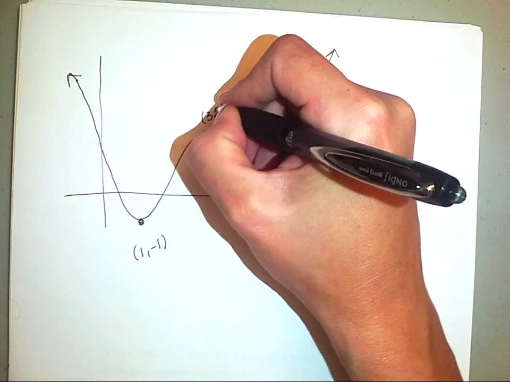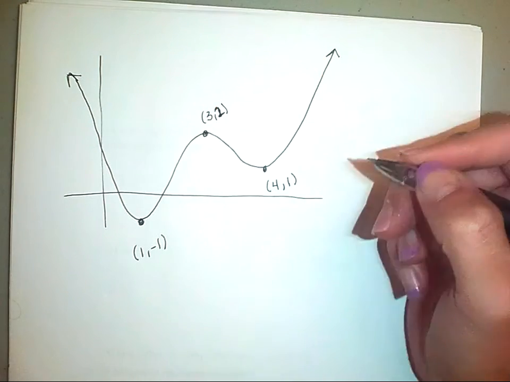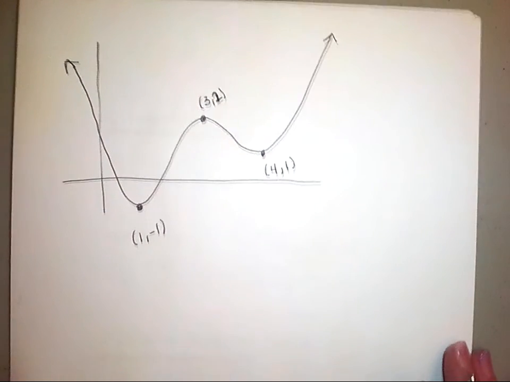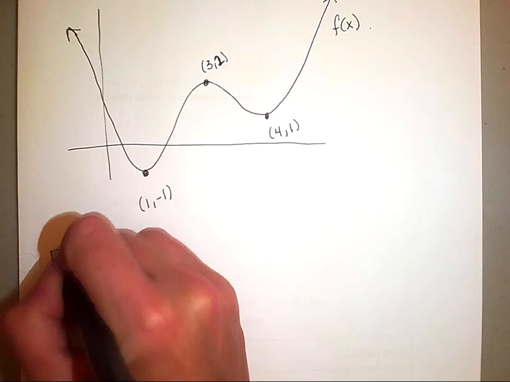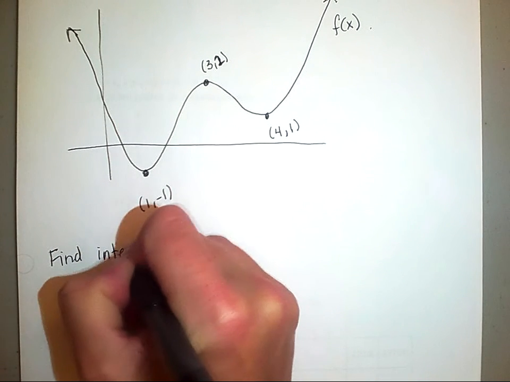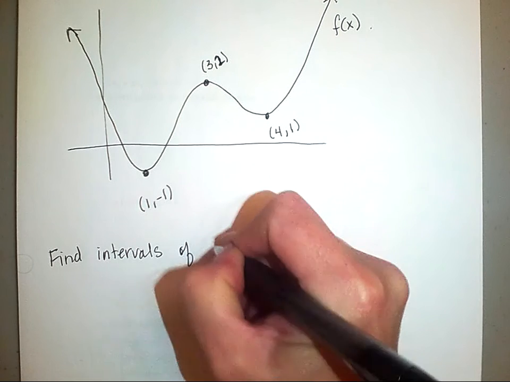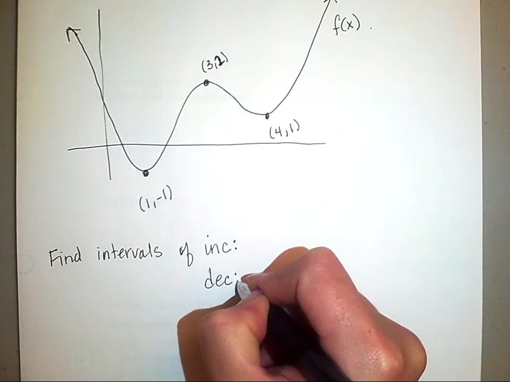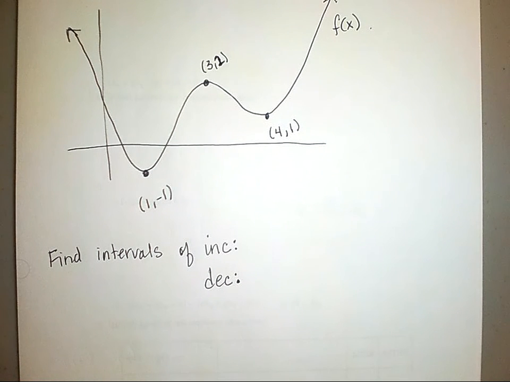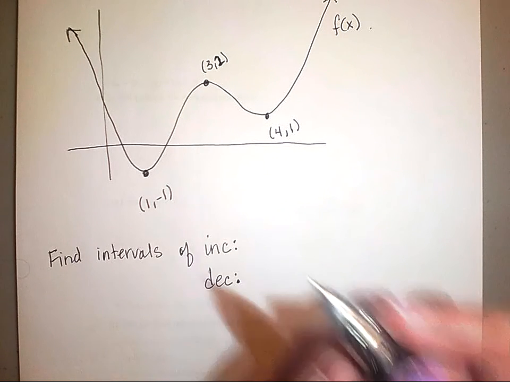Let's say this is 1, negative 1, and that this is the point 3, 1, and that this is the point 4, I don't know, let's make it easier on ourselves. Let's make this 3, 2 and make this 4, 1. So this is our function. We don't know what it is. Can you find the intervals of increasing and the intervals of decreasing?